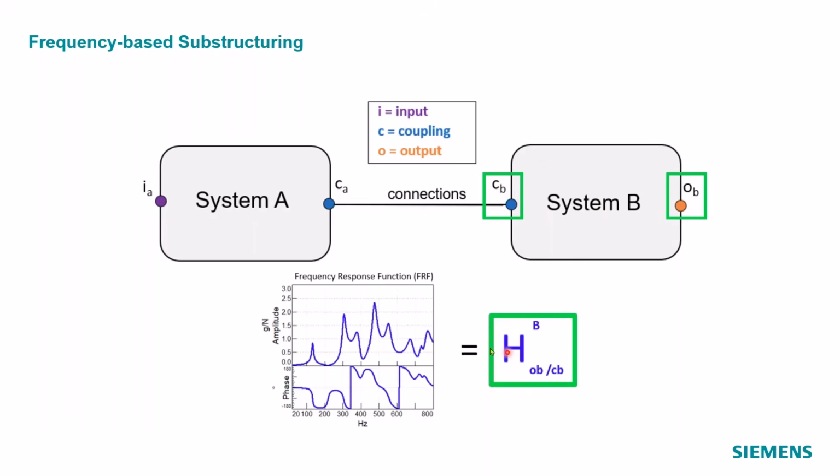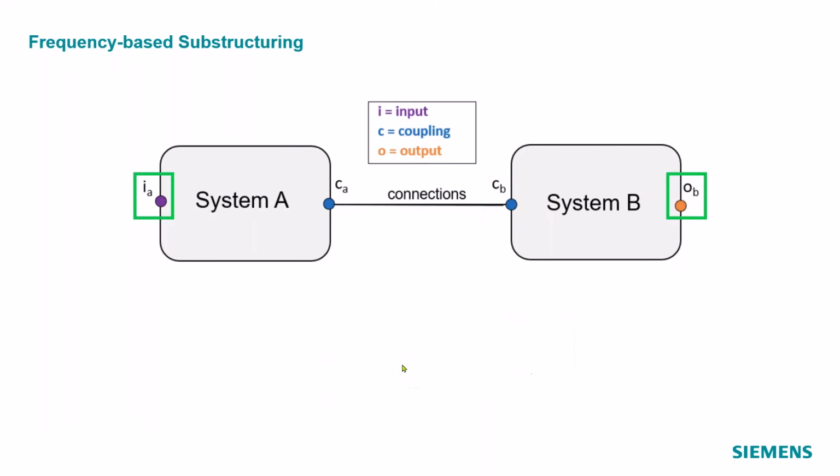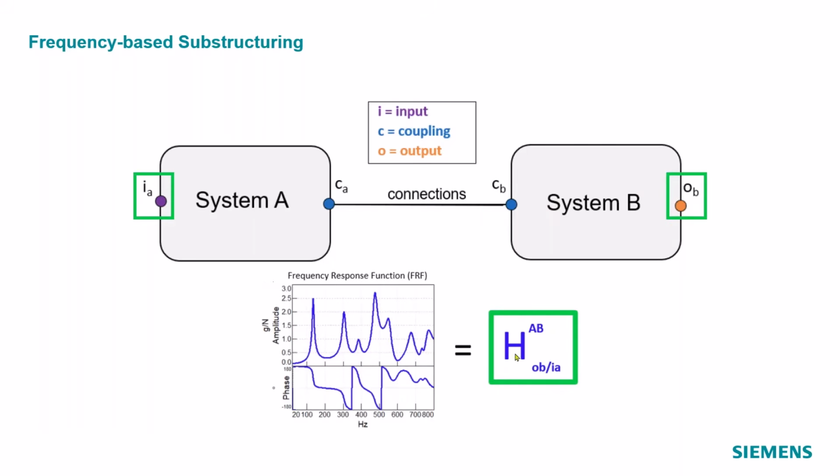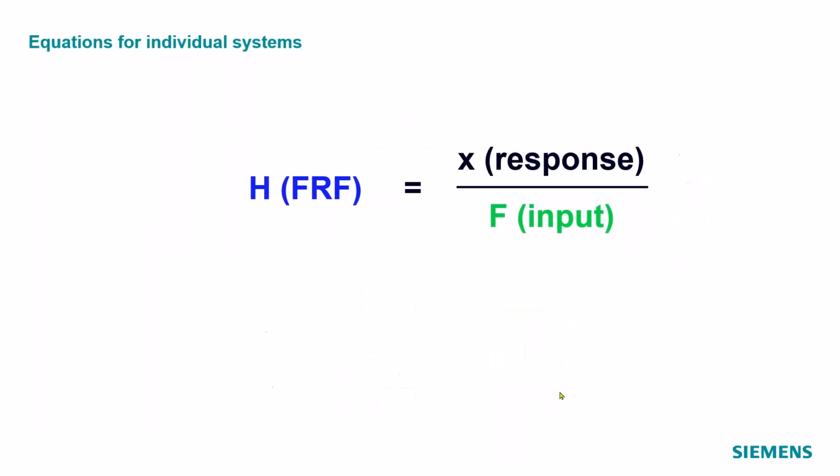Again, every time you see an H, just think frequency domain function called an FRF. The end result is what we want. This is the end result here: a system FRF H for combined system AB, where the response is at the output of B and the input is at the input of system A. So this is the end of the road if we are successful.